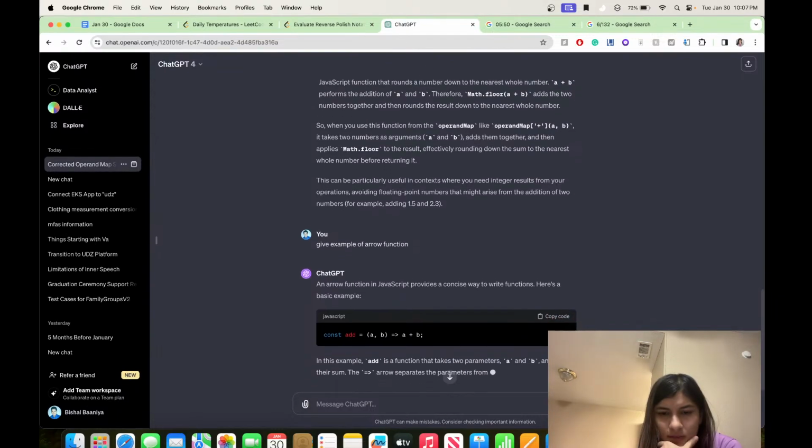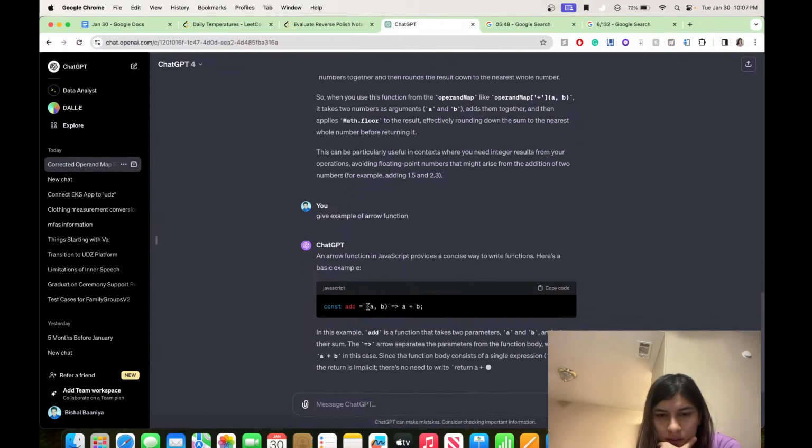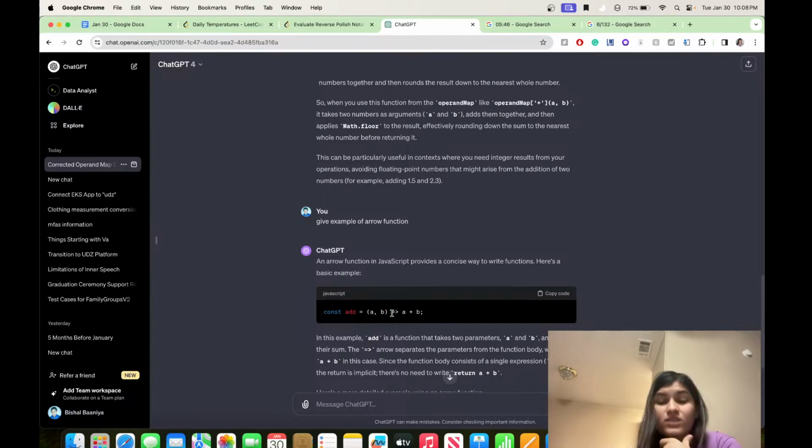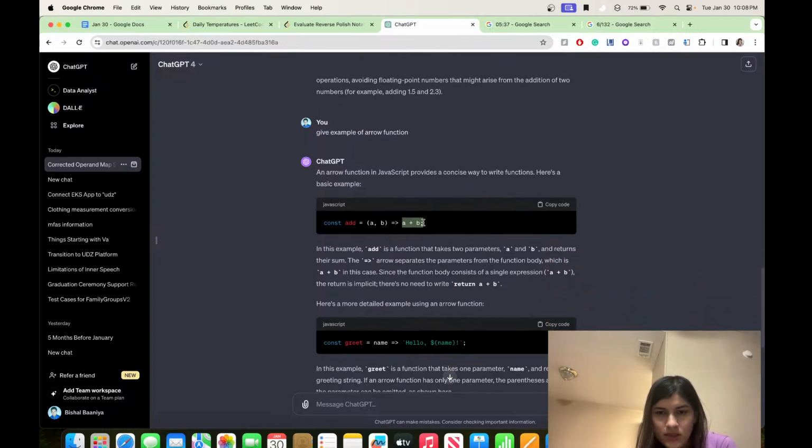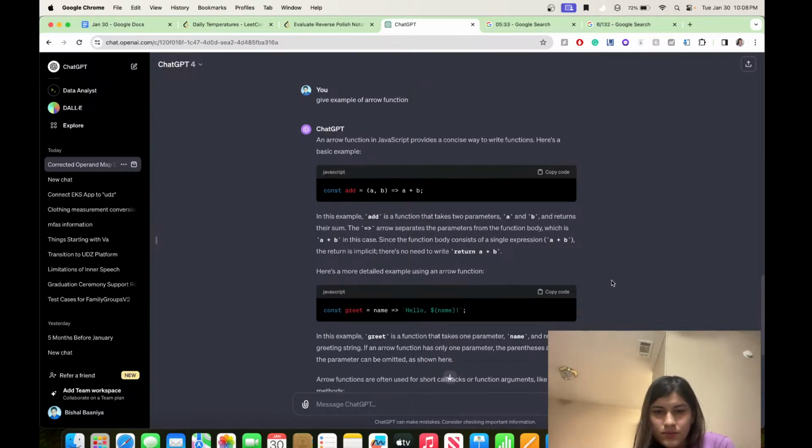So it takes two parameters and returns the result, right? So this is one function. Here it is returning, this is the name and then this is the result. That's great. It's an arrow function.